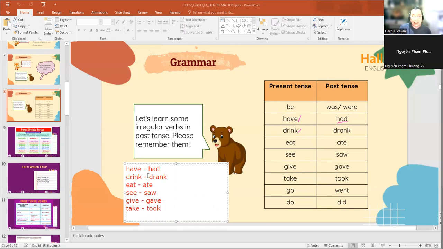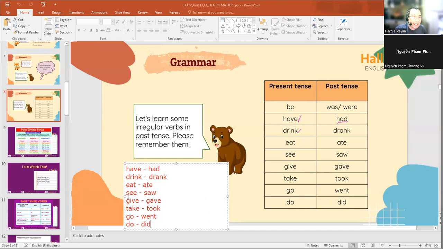What about the past tense of go? What's the past tense of go? Went. Okay, and what's the past tense of do? Okay, it's did, right?